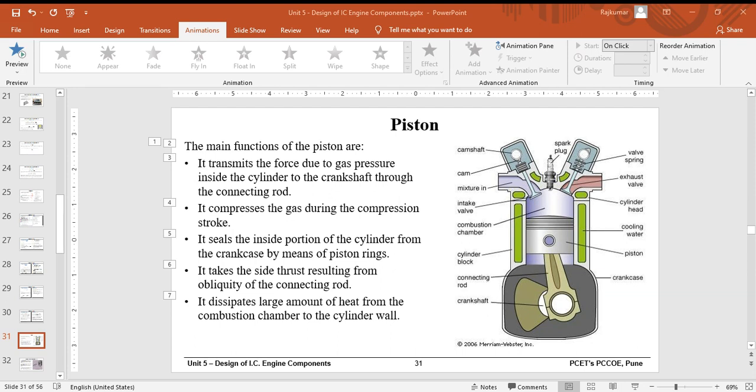As we know, the connecting rod converts the reciprocating motion into rotary motion, and that causes a thrust force which is exerted and needs to be absorbed by the piston skirt. Then the piston pin, as I told you, connects the piston and the connecting rod.